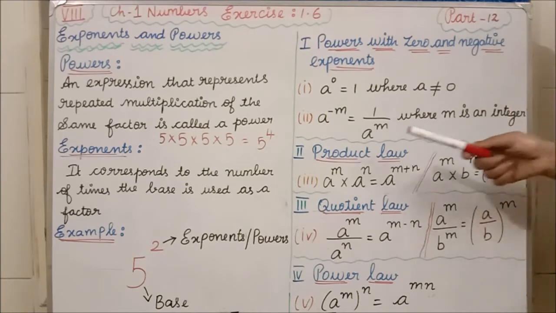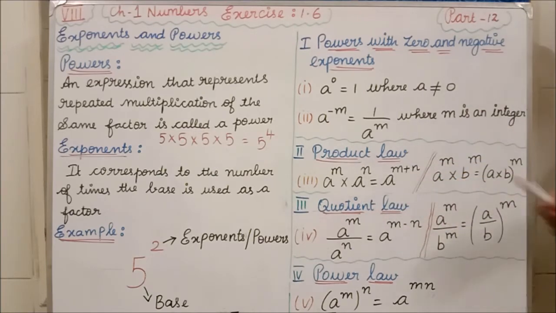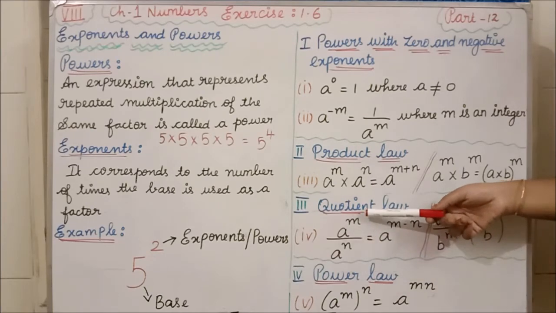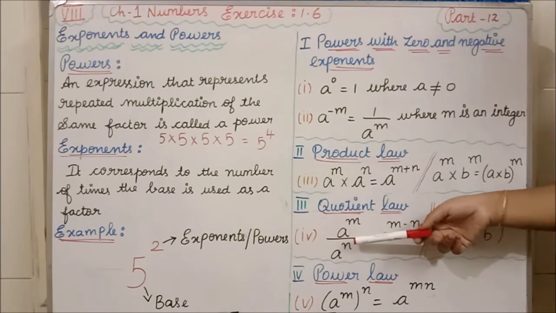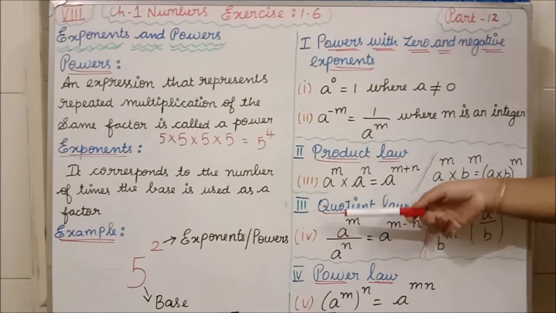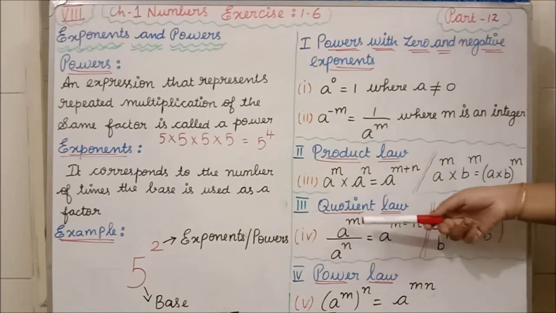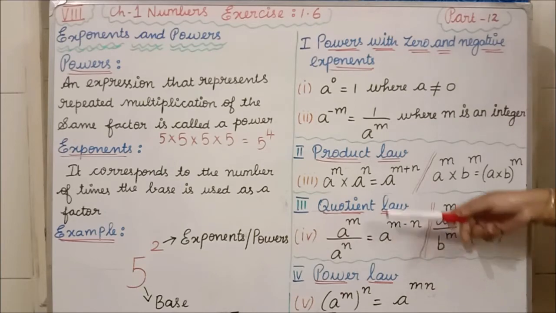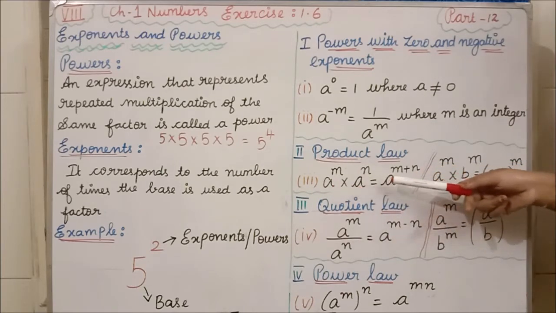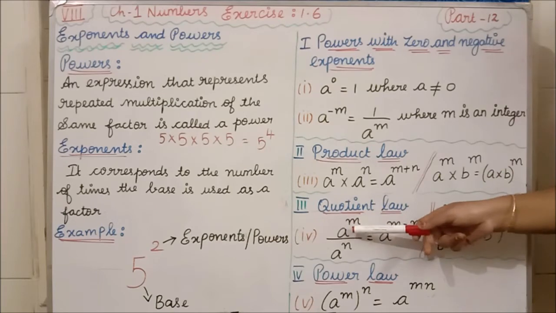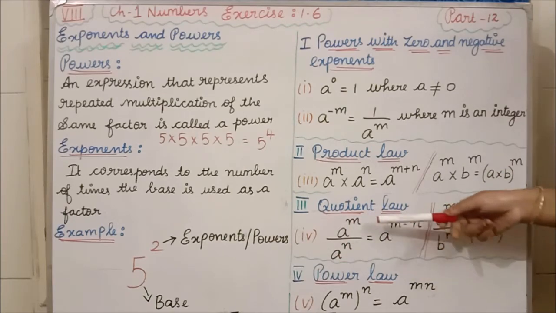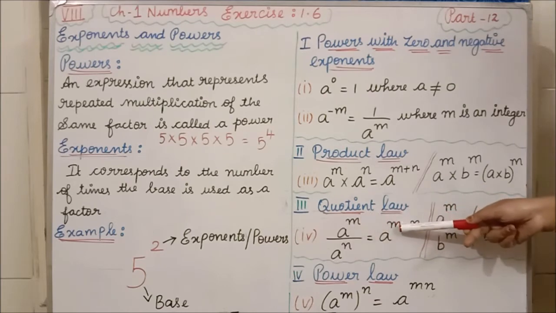Next we will see the quotient law. Quotient means we all know, division. So a power m divided by a power n. Here the base is A, and here also the base is A. When the bases are same, we write one base, A. I am writing this m first.